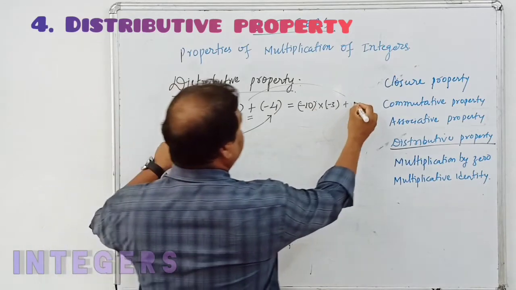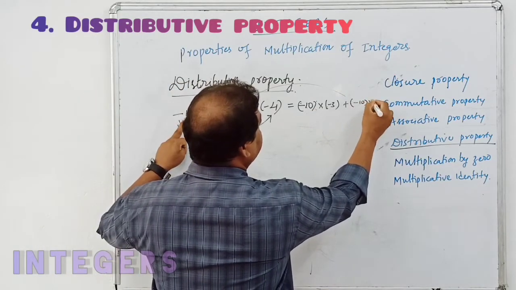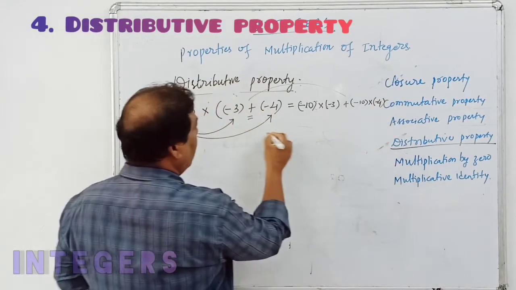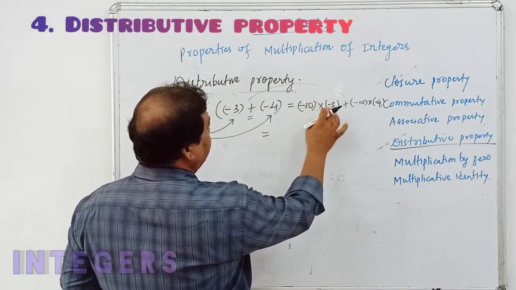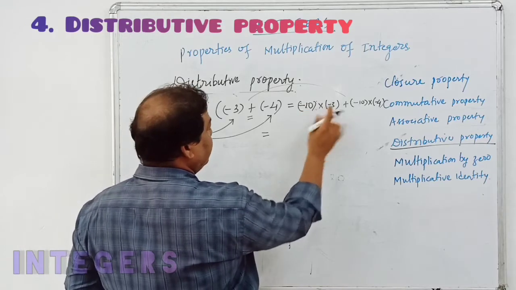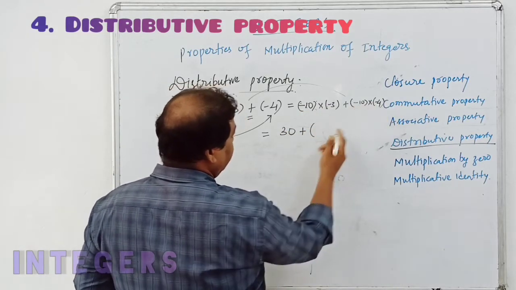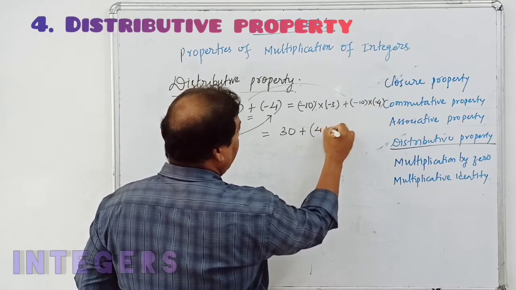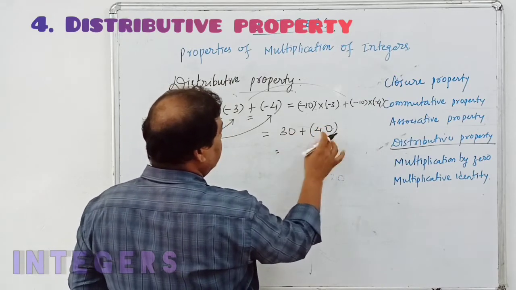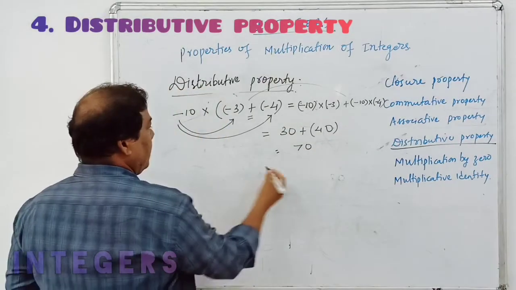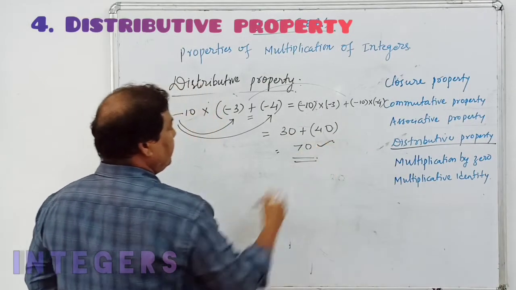Negative sign times negative sign is positive. 10 times 3 is 30 plus, negative times negative is positive, 10 times 4 is 40. That means 30 plus 40, that will be 70. So in RHS we get 70.